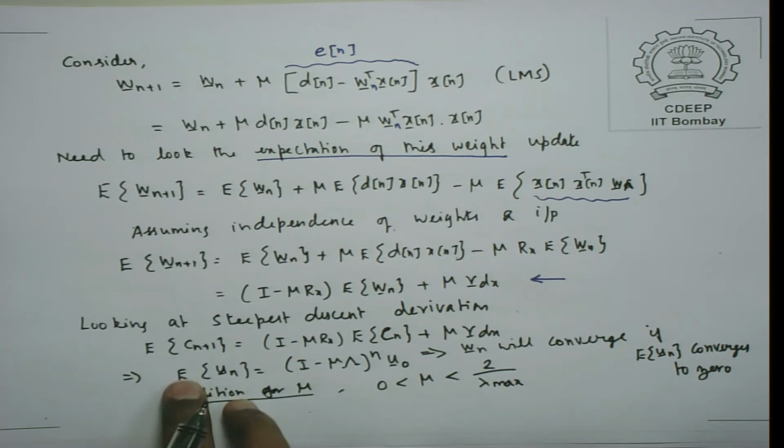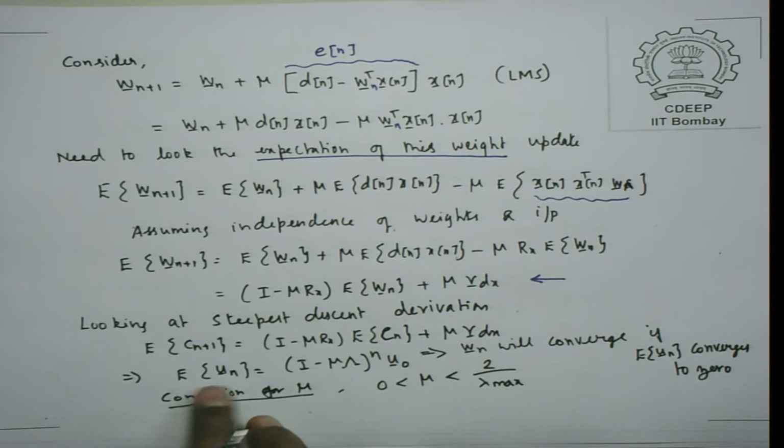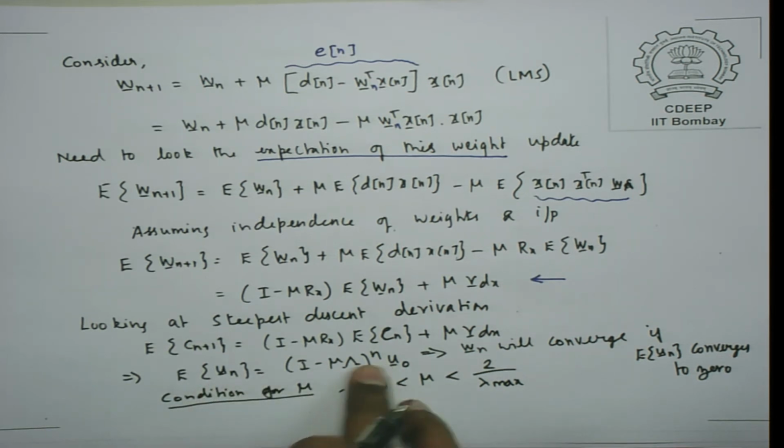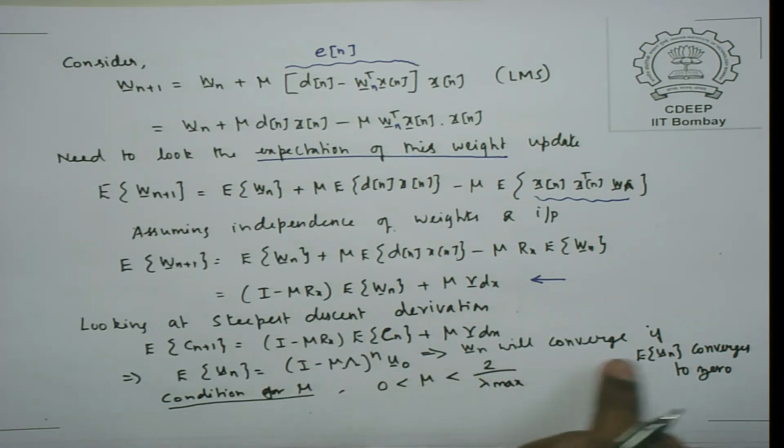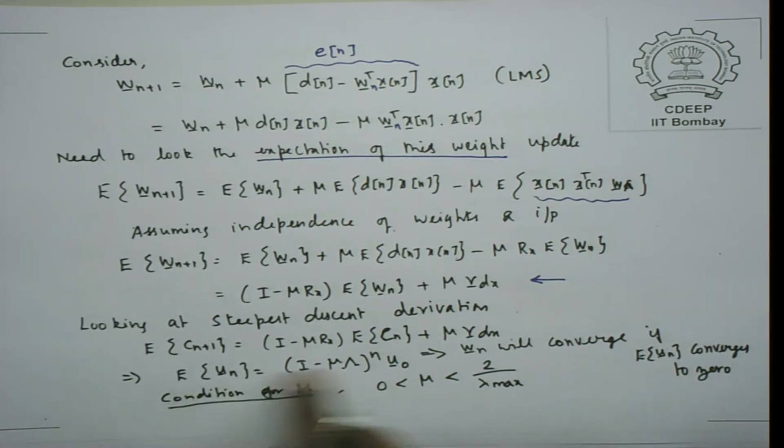And we could show that, after doing that eigen decomposition mapping, the individual elements of that weight vector again have a similar behavior, and this will converge only if the expected value of Un tends to 0, that is, Un tends to U0, which means the difference will be 0.